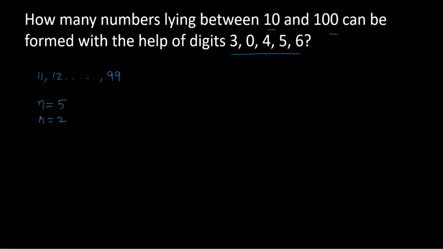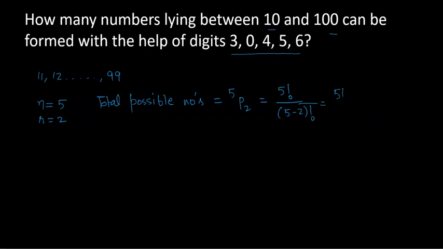So look at this. The total possible numbers can be given by simply 5p2, and if you solve it, it's going to be 5 factorial divided by 5 minus 2 factorial, and that's 5 factorial divided by 3 factorial, and that is 5 times 4 times 3 factorial divided by 3 factorial, and that gives you 20. 3 factorial cancels out.